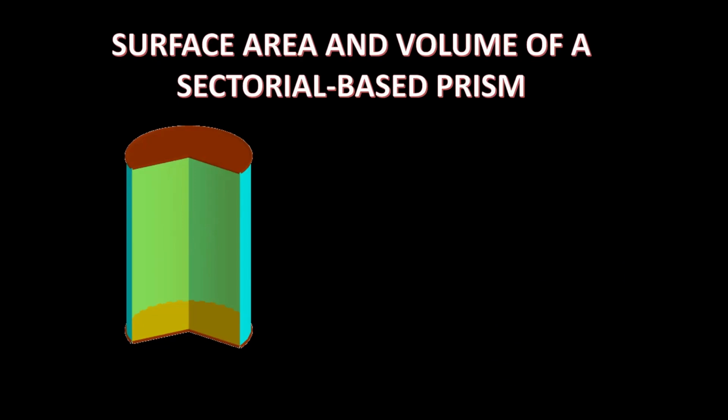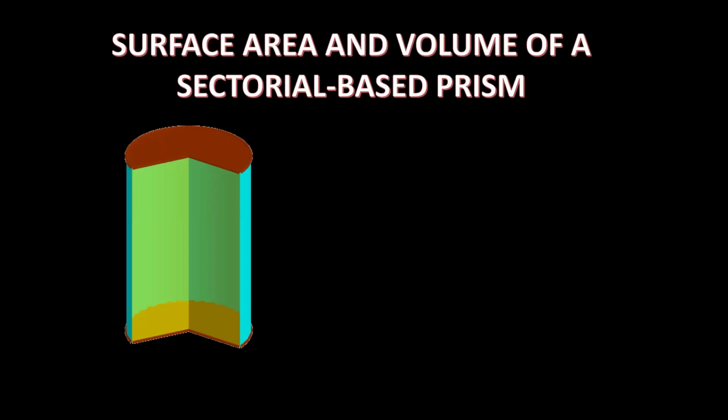Let's go. Today, we are going to look at the surface area and volume of a sectorial-based prism. Most times, we are only familiar with prisms whose uniform cross sections are regular plane shapes that are very common to us, like circles, where we use a circle to build a prism.